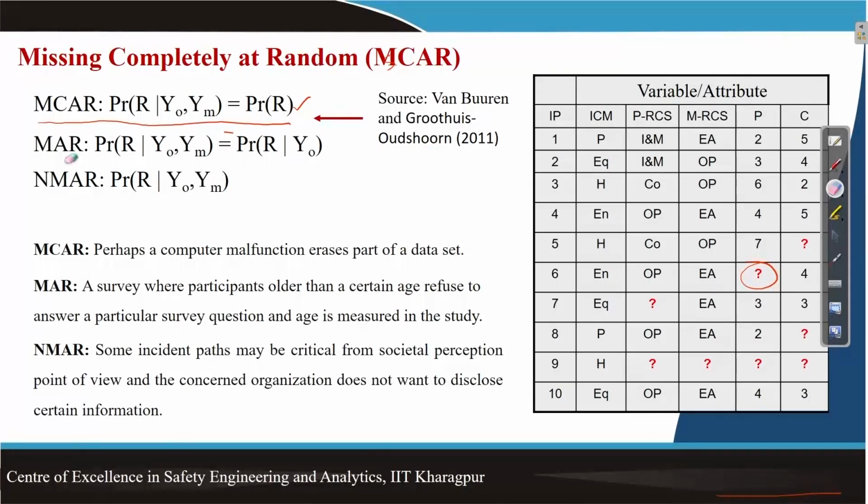Now if your probability of r given y0, ym, suppose this is the missing value we are talking about, depends on y0, the already observed data. Here the observed data, whether you consider a particular attribute or the entire data set. Usually when we say y0 and ym, we talk from the entire data set point of view, what are the observed and what are the not observed cases.